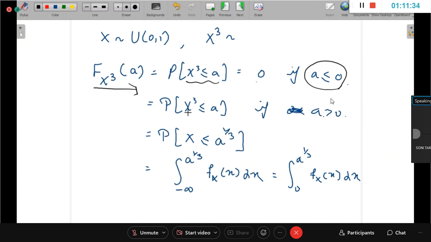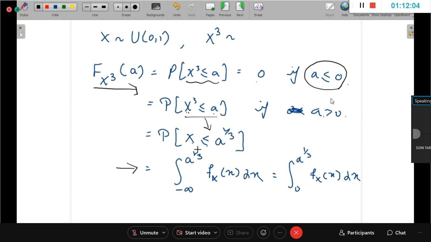In the case where a is greater than 0, you have x cube less than or equal to a, and you can write it in the following form, because none of them is a negative number. We are talking only about the case when x is greater than 0, and the PDF is non-zero only over positive values. So x cube less than or equal to a implies x is less than or equal to the cube root of a.